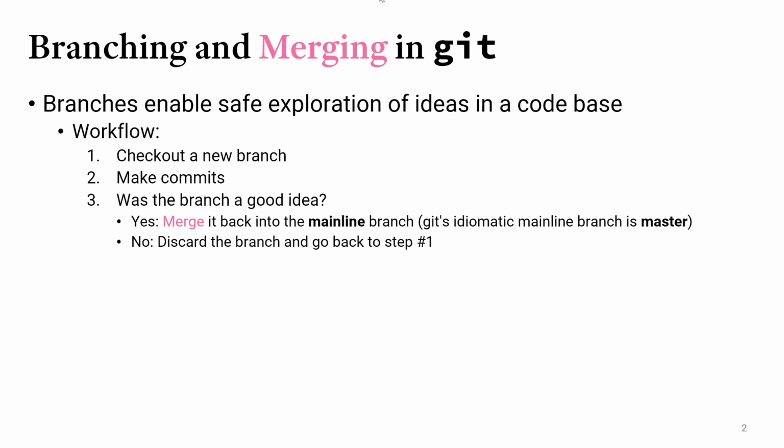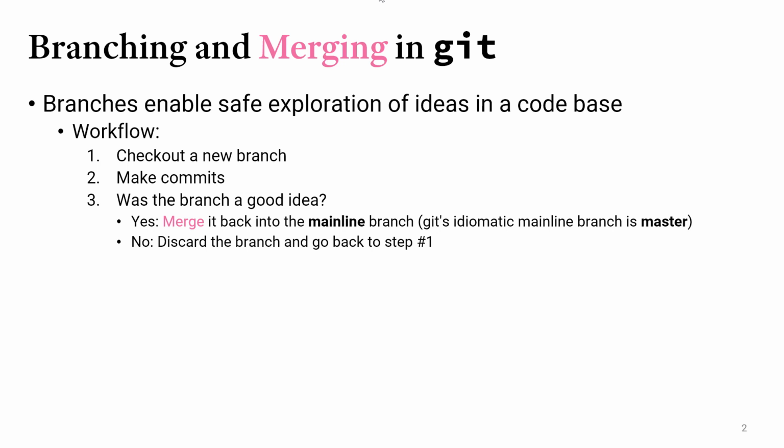And then ultimately, if the ideas of the branch you're working on are sound and you want to bring those back into what we often call the mainline branch, but in Git, this tends to be the branch whose name is master, you can merge that branch back into mainline, or back into master. And that's what we're going to be focused on today.